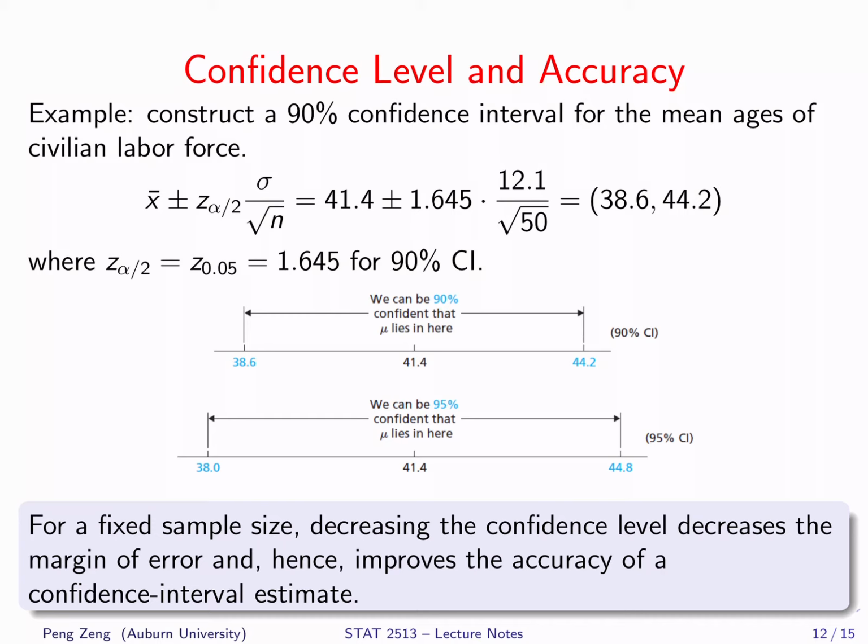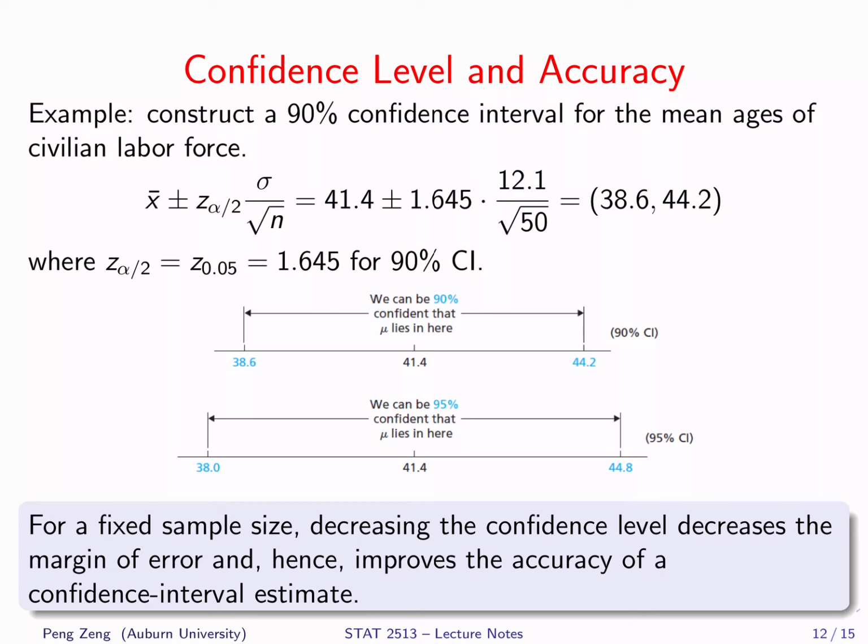For the example of age of the civilian labor force, we have already constructed a 95% confidence interval. Now, let us construct a 90% confidence interval. We want to demonstrate the relationship between confidence level and accuracy. For a 90% confidence interval, alpha equals 0.1.